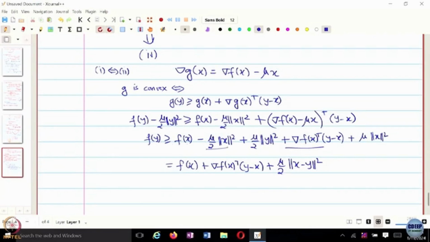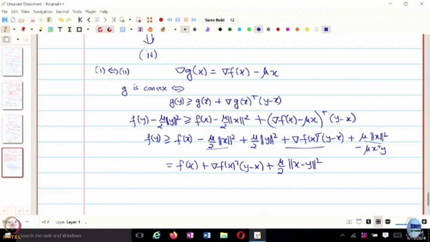So again, minus mu by 2 times norm x squared plus mu times norm x squared gives you plus mu by 2. You take mu by 2 common, so that is norm x squared plus norm y squared, and then you have, wait, there is another term here, sorry, my bad, minus mu x transpose y.